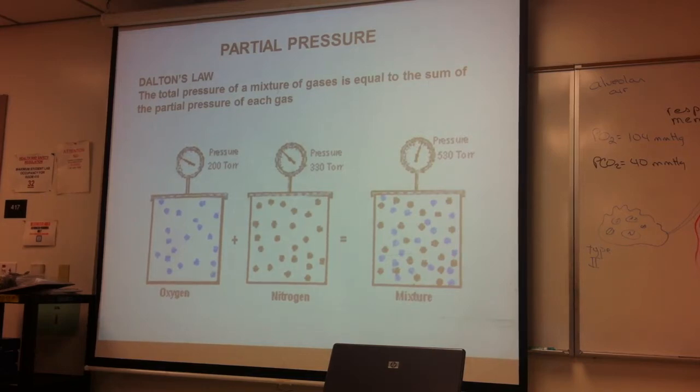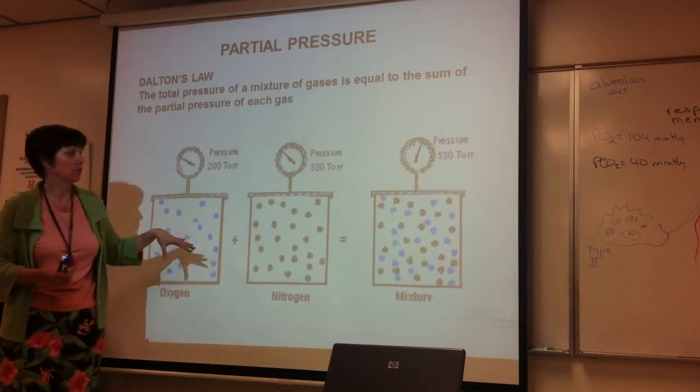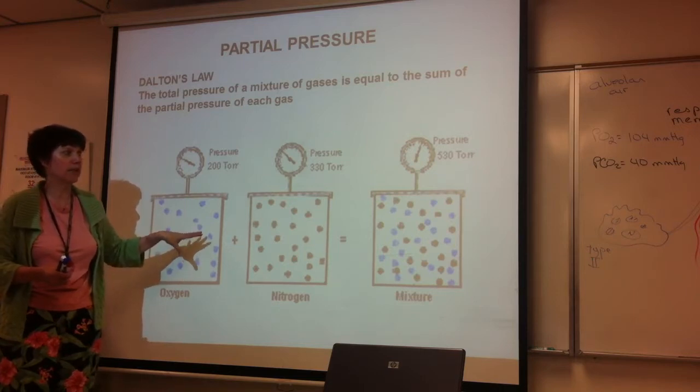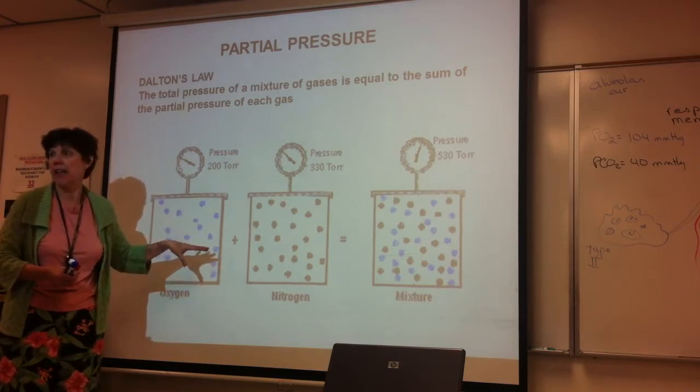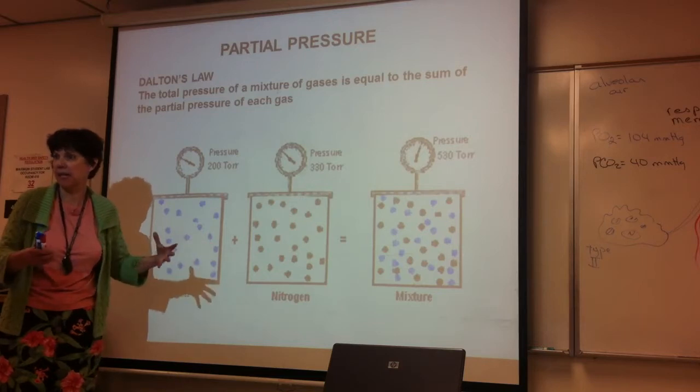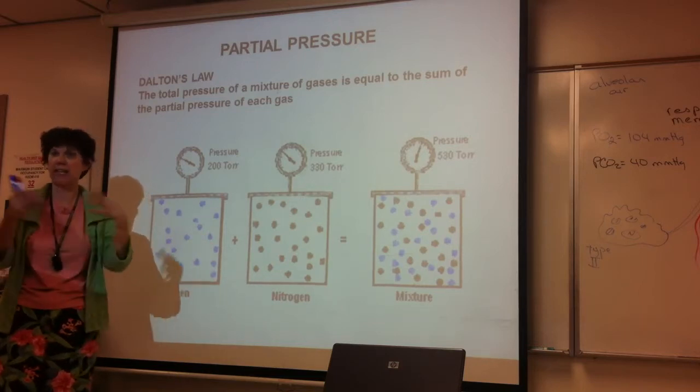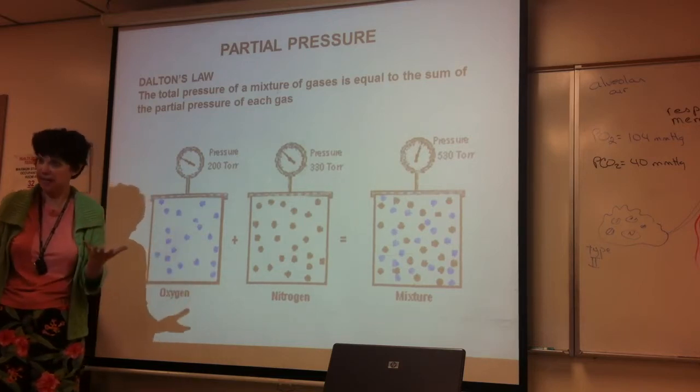So we neither increase nor decrease any gas's pressure by adding it to another. So if I have 25% oxygen and 75% nitrogen, that 25% oxygen mixed with the nitrogen still has the same pressure as if I had the same number of molecules all by themselves.